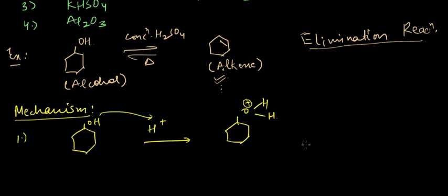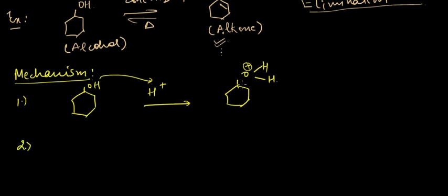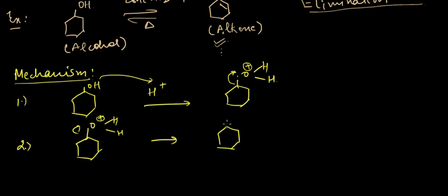Next, the oxygen atom will take away its bond from the carbon atom, resulting in a positive charge here and a water molecule formation here. This step is actually the RDS, as you can guess why, because the carbocation is formed in this step, and the second step is not the rate determining step.